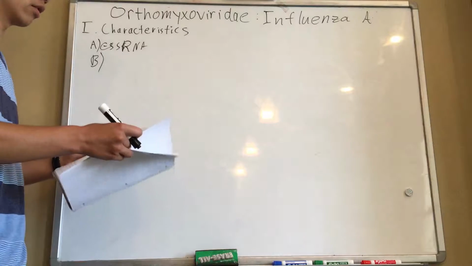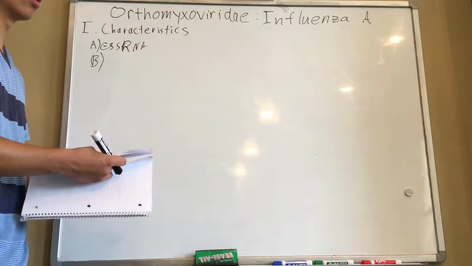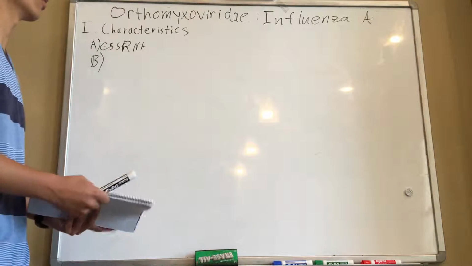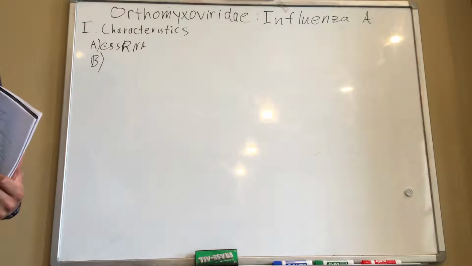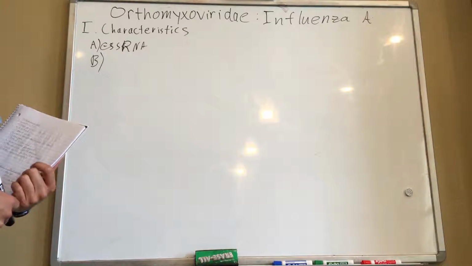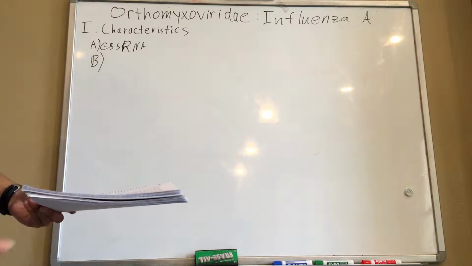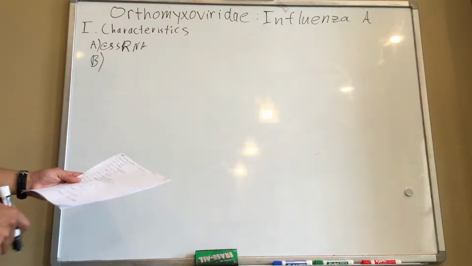That's how they differentiate between the two. In terms of the life cycle, like how it replicates and so forth, Orthomyxoviridae is, I believe, a lot more similar to Rhabdoviridae than it is to Paramyxoviridae. So just keep that in mind. It will make a lot more sense as we go into it.